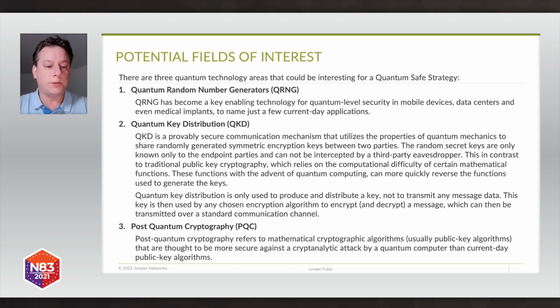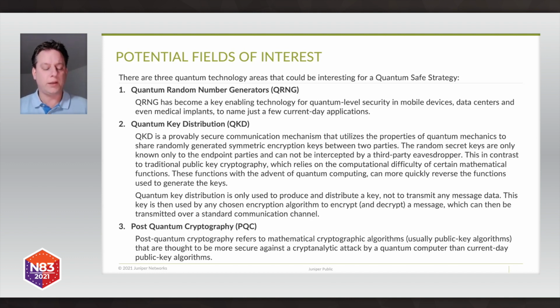The second field is using properties of quantum mechanics to share key material. That could be keys that are generated from a QRNG, or could be simply keys that are generated on a router or switch, etc. And you want a safe way to communicate those keys to the other side.